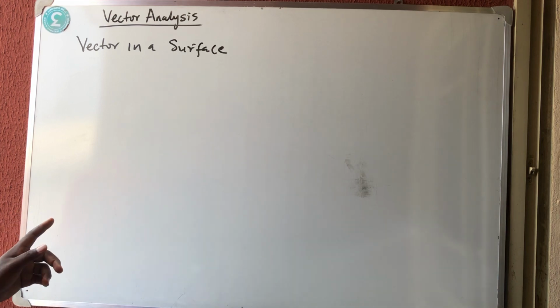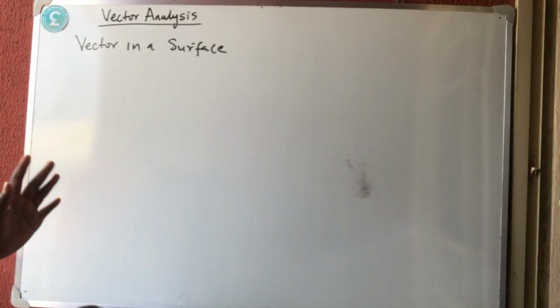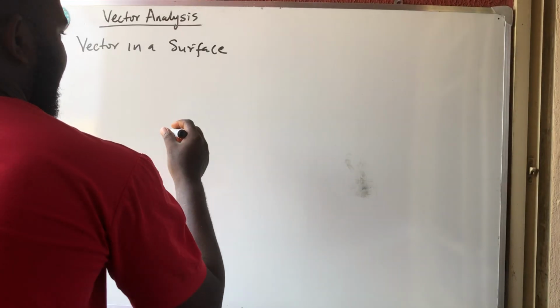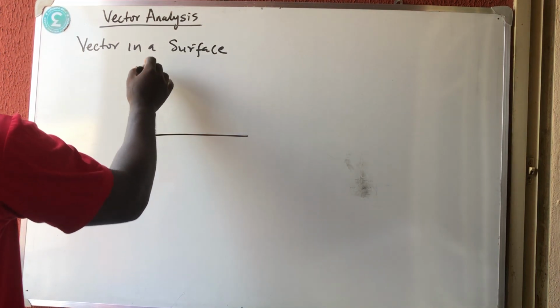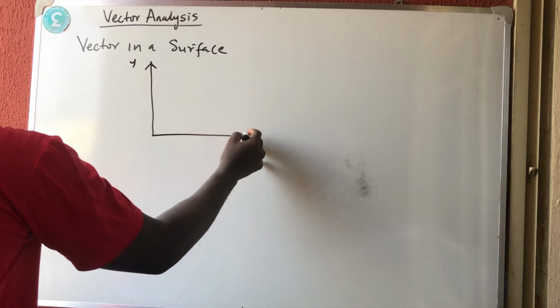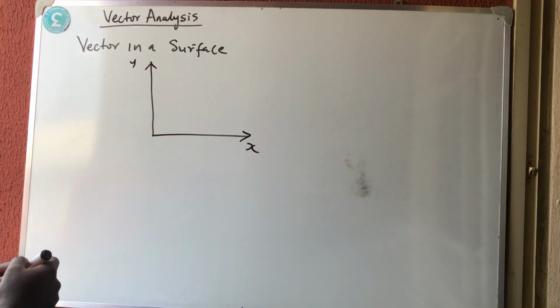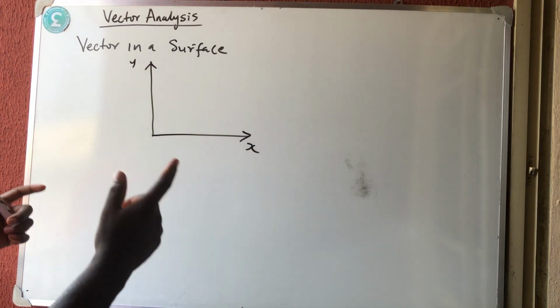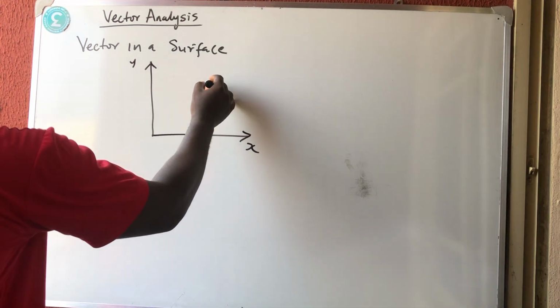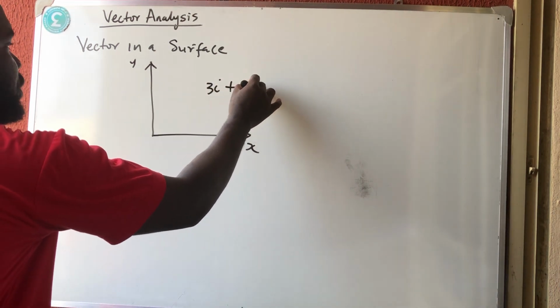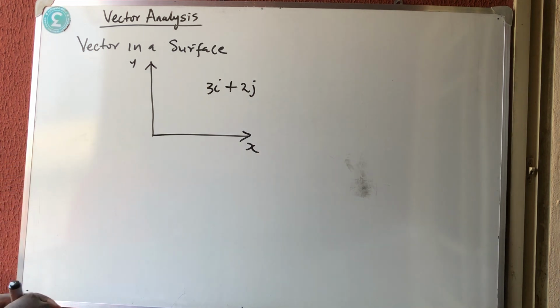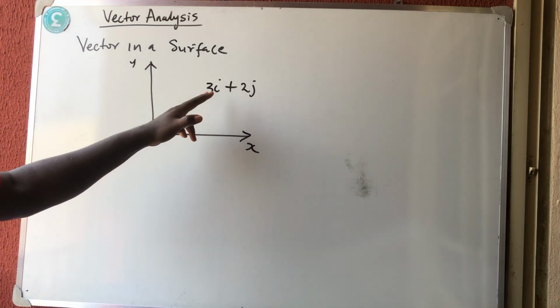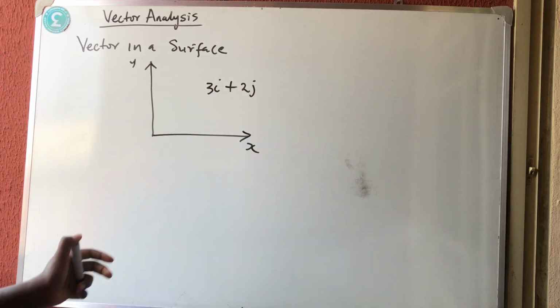In fact, a vector in a line is just the x-axis. But if it is now x and y axis, we say that this vector is in a surface. For example, if you have 3i plus 2j, this vector is a vector in a surface. Why? Because it has both x and y axis.